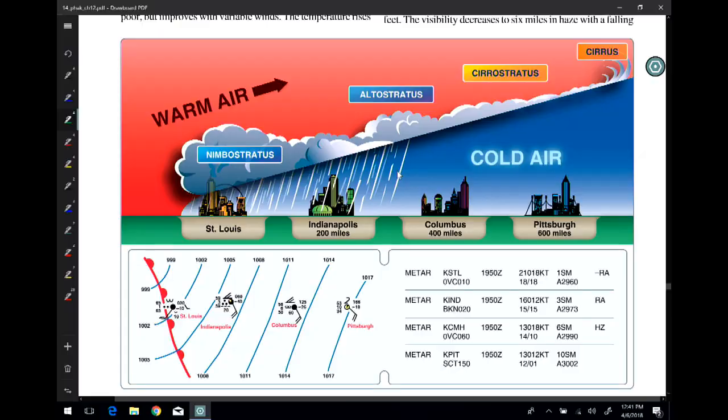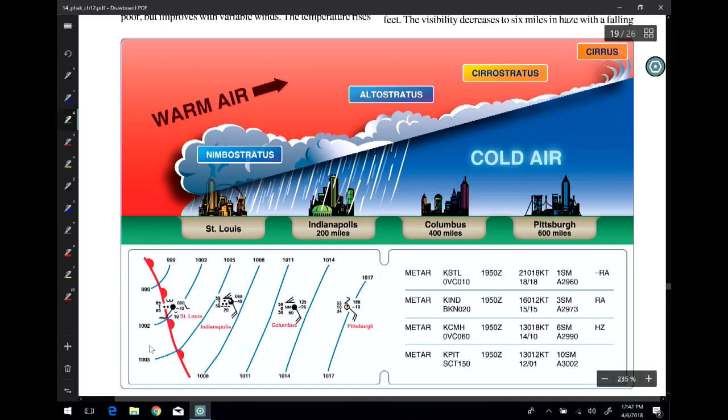Now, when you look below that picture, you can also see what this looks like on the weather maps. There's an area of lower pressure here, and here at 1014 it's about normal, even a little higher pressure. You can start to see the difference in these isobars as the front passes.